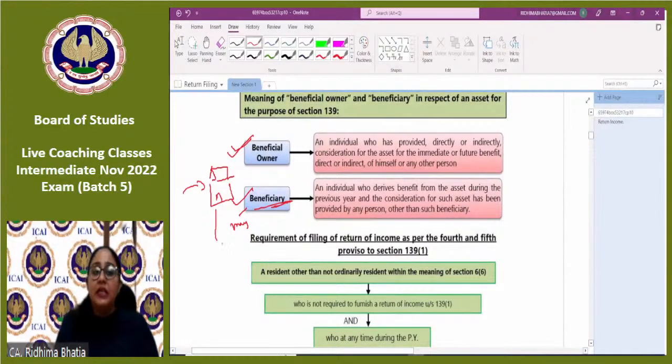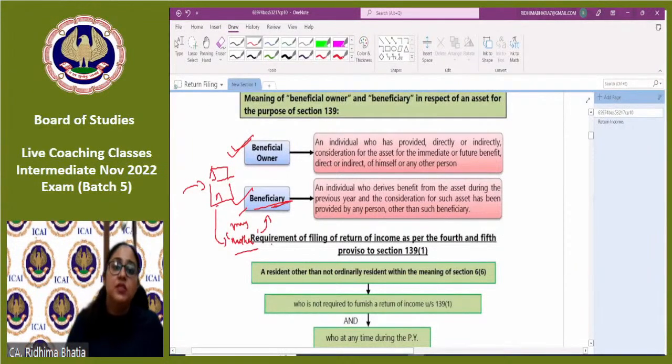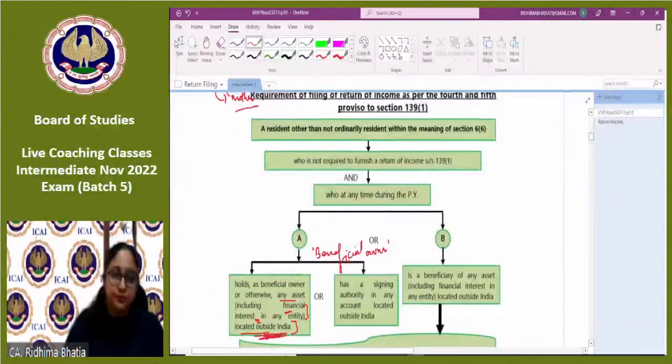But the rental income from that house is actually credited to your mother. Then the mother is the beneficiary because she is getting the benefit derived from that asset. Okay, so the beneficial owner is the person paying the consideration, and the beneficiary is who is getting the benefit of it. So back to the return filing provisions.